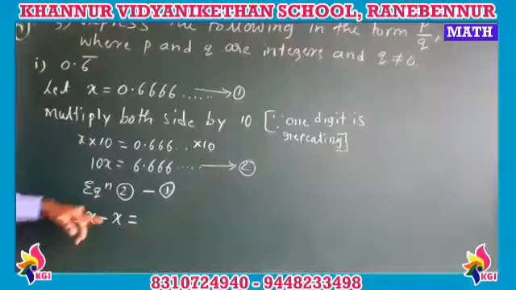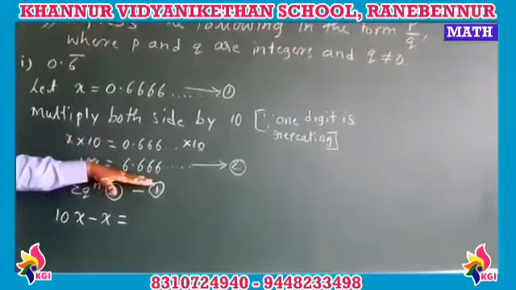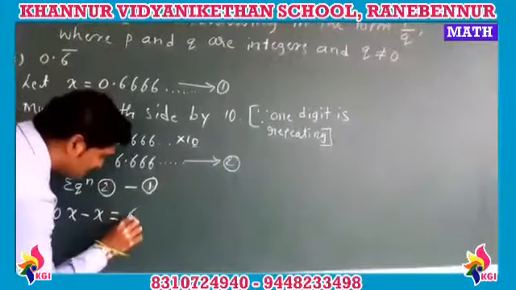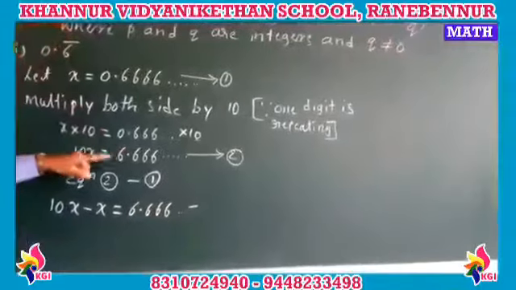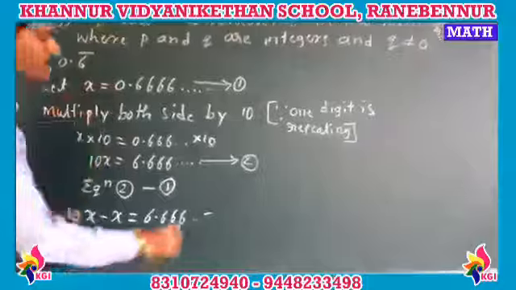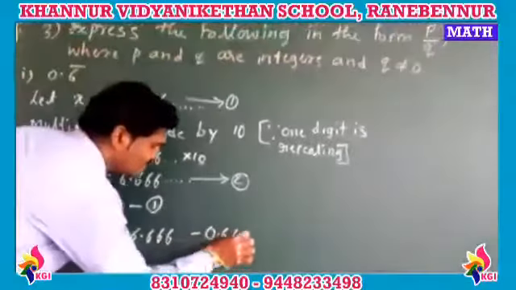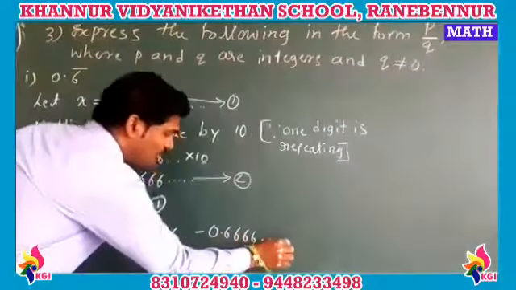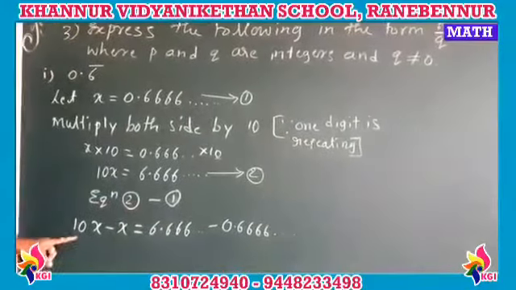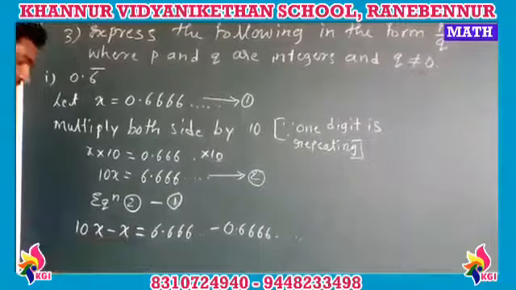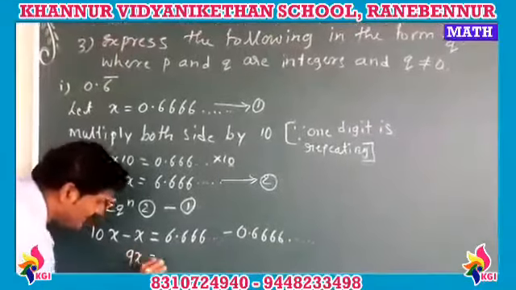X. Now in the RHS there is 6.666 and so on, minus 0.6666 and so on. So we have to subtract this. When I subtract the variables, 10x minus x, I am going to get 9x.